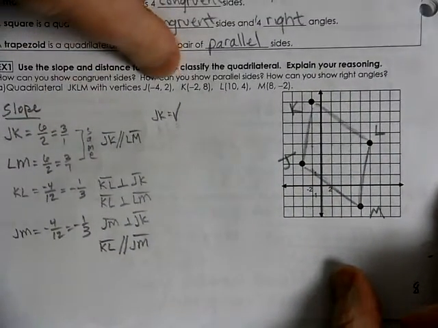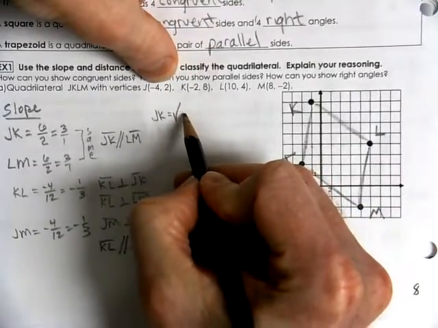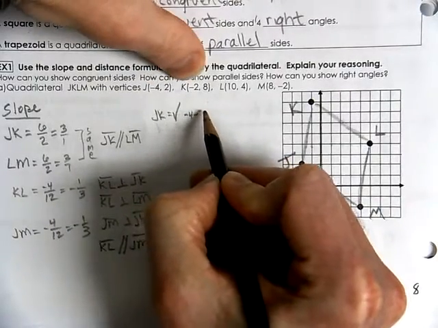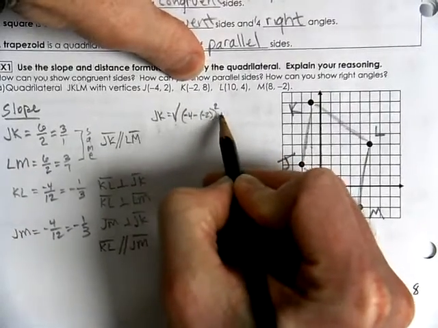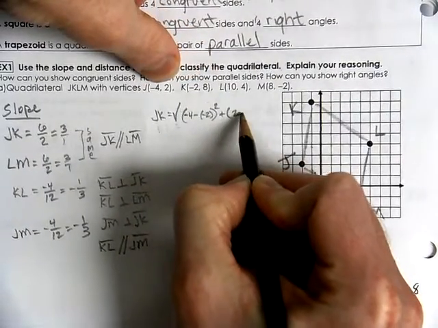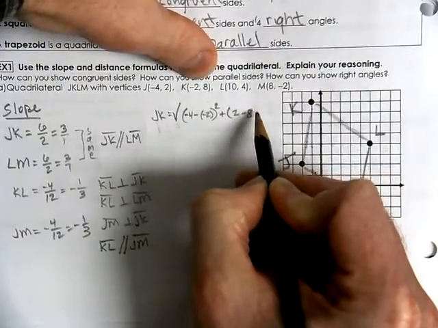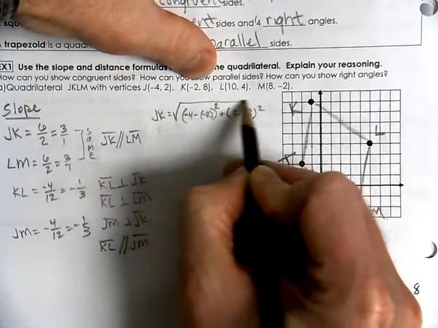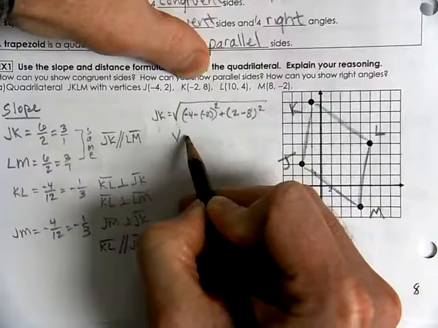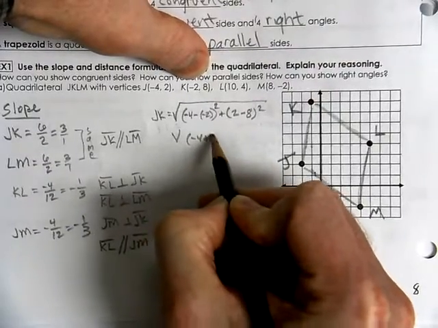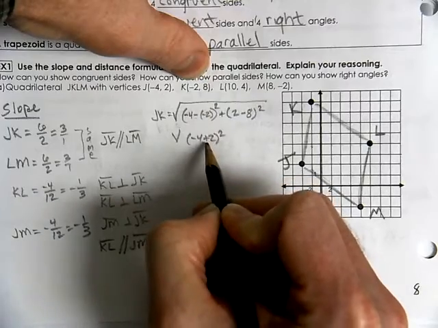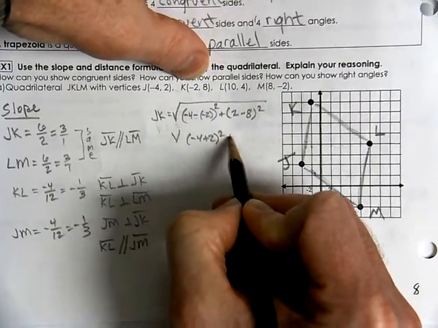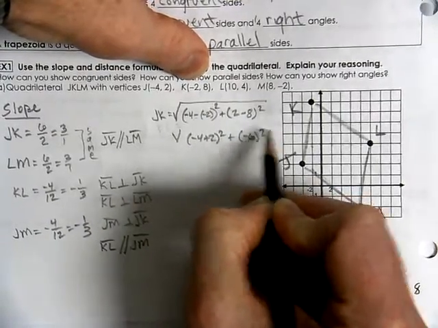All right, my J and the K. So I have -4 minus a -2, and we'll square those x's. And I have a 2 minus an 8, and we'll square those y's. That's -4 plus 2 that we're going to square, because when you have a negative minus a negative, that means a plus. And here we have -6 squared.